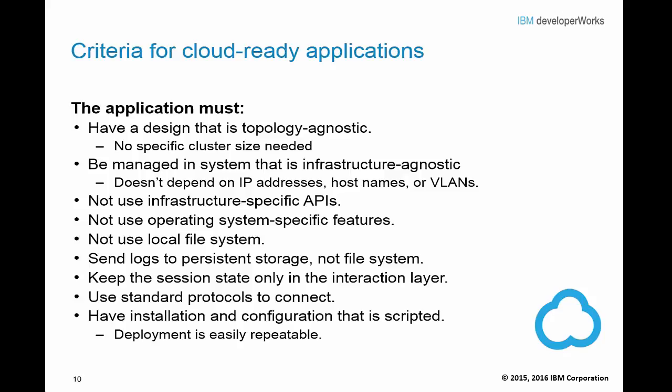Let's move on to another design principle which says don't use infrastructure APIs from within your application. Shift the responsibility for infrastructure services to the provider. Once you start making assumptions about the infrastructure that your application runs on, it makes changing that infrastructure even more challenging.